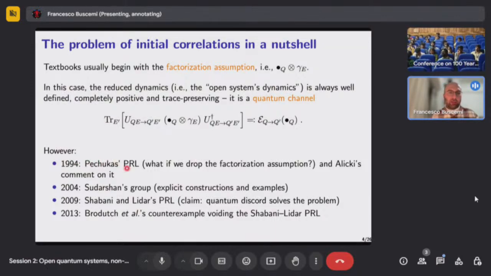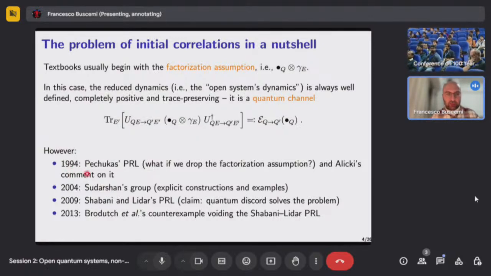This paper is particularly famous for the comment it received from Robert Alicki, arguing about the role of the assignment map. I will talk more about this point in the next slide. But for the time being, essentially this problem of dealing with possible non-zero initial correlations was presented to the community 30 years ago by Pechukas.